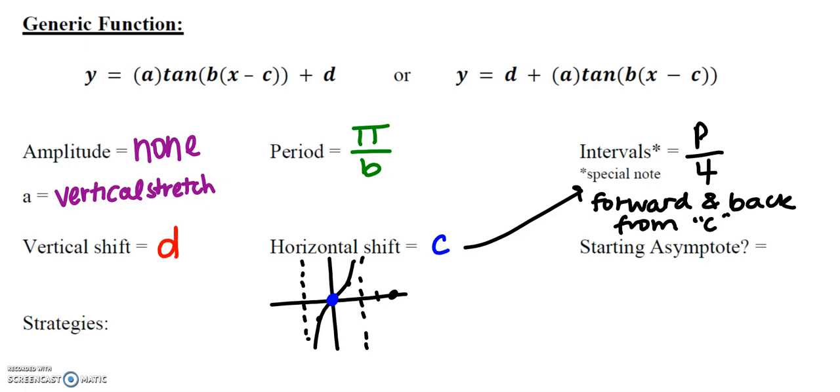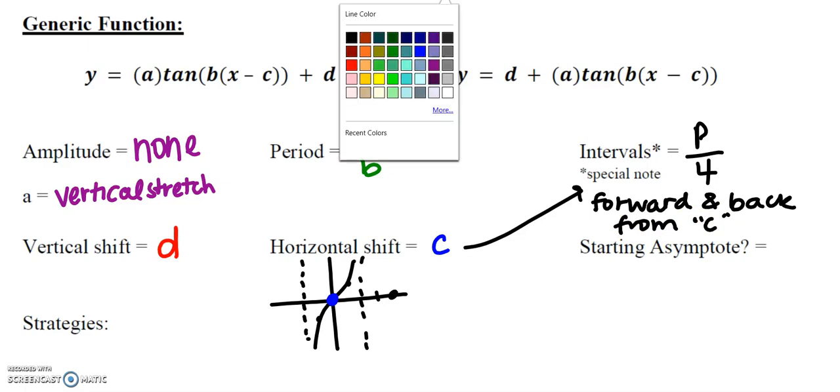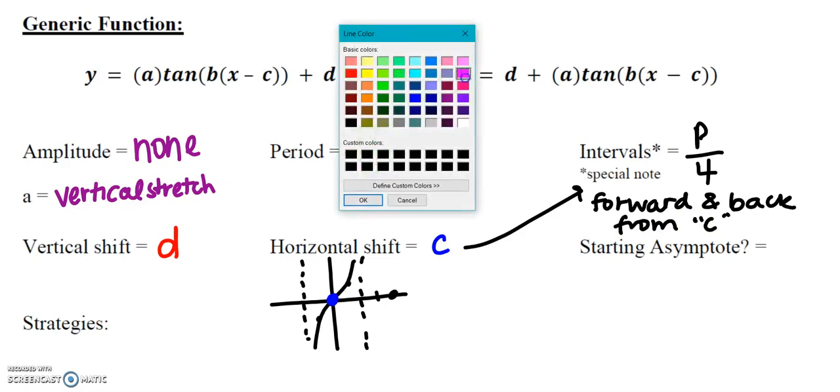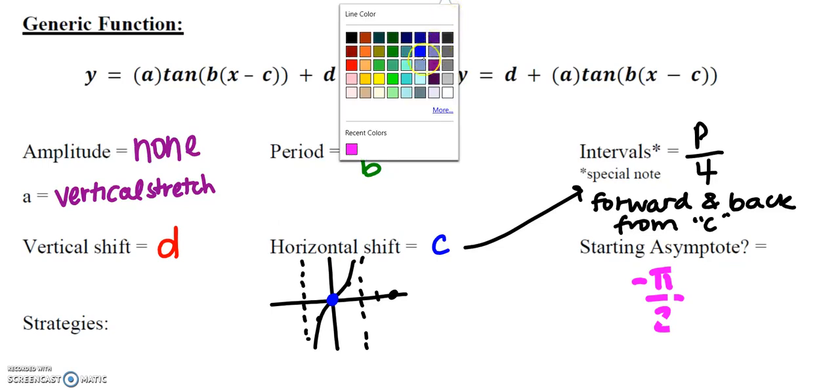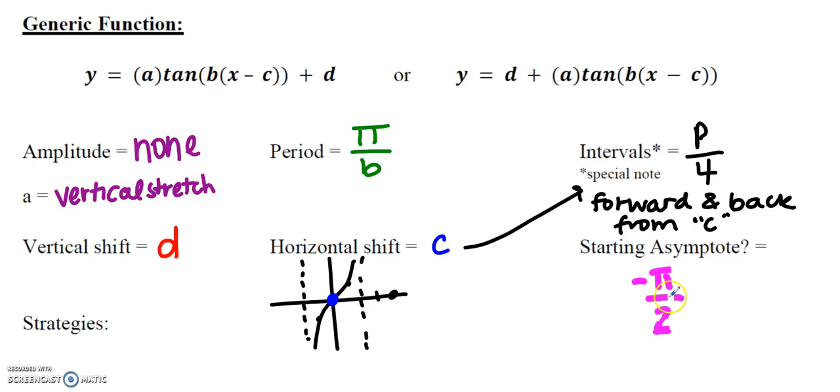Our starting asymptote, this is something kind of new. Our starting asymptote is going to be, if we take negative pi over 2, oh, that's getting pretty intense. Let's see if I can change this to write a little better. Negative pi over 2, there we go. We're going to set that equal to our b times x minus c value.